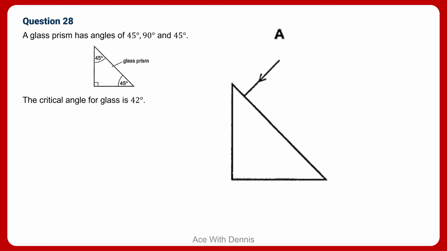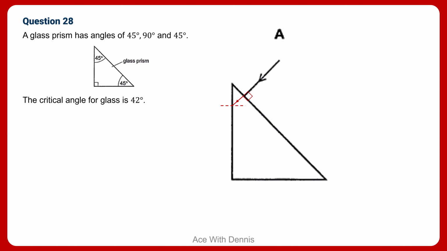To explain why the answer is option A, let's complete the ray diagram. As you can see, this ray is perpendicular to the boundary of the prism. Since it is perpendicular to the boundary, it will just continue to move in a straight line. From here we can draw the normal at this position.